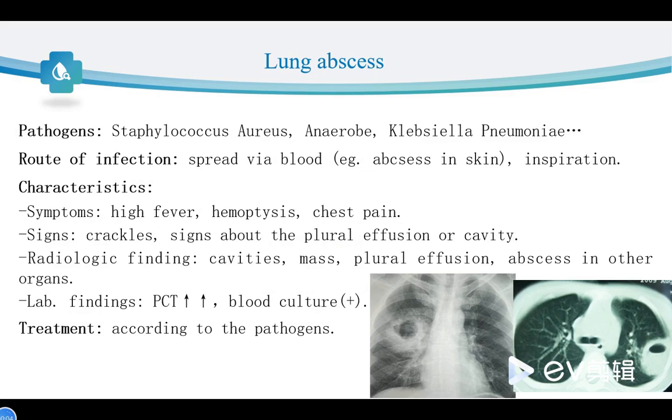This page shows the lung abscess. There are some pathogens that will cause lung abscess, usually with a mixed infection. The route of the infection includes through blood or inspiration, and the clinical manifestation is similar to common pneumonia, but the radiologic findings include the cavity and mass, as the picture shows.